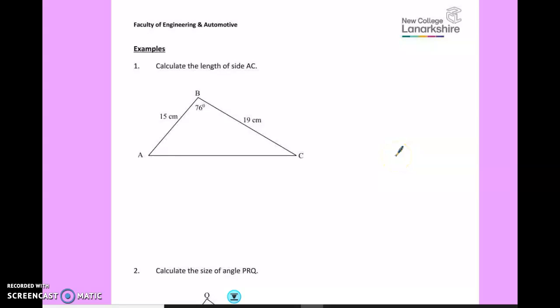So we've got this one here. We want to find the length of AC, so we want to find this one here. Now, some people might be able to just jump straight into knowing exactly what this is. I'm going to start by thinking, I don't have a clue, so I'm just going to say it's the sine rule and try it.